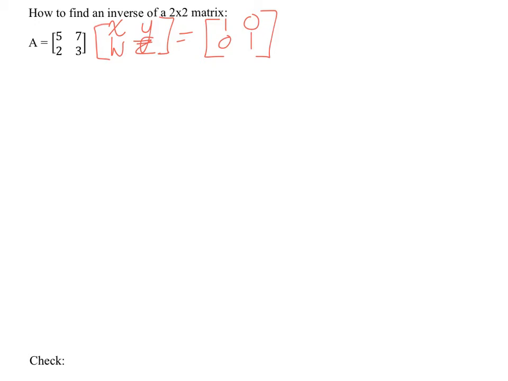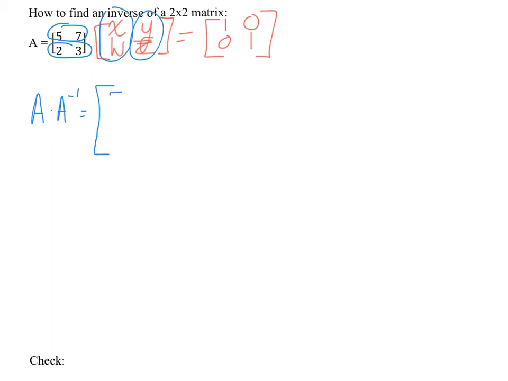Okay, so what we can do is actually multiply these 2 together and see what we get, and we end up with little equations that we can then solve. We're going to focus on the rows here and the columns here, and multiply these guys together to get what A times A inverse is.